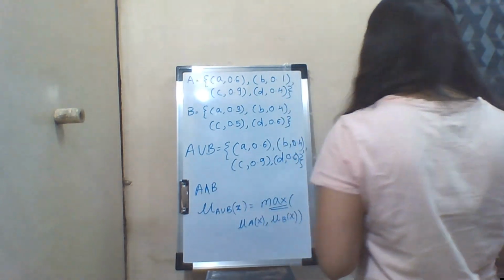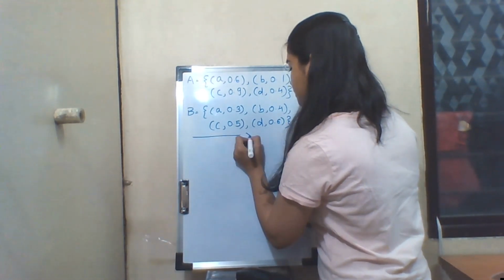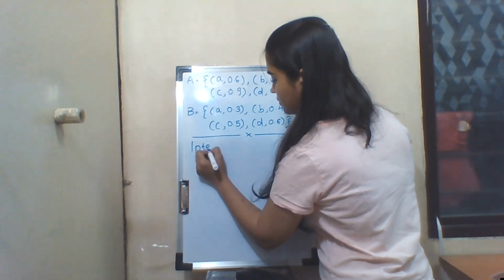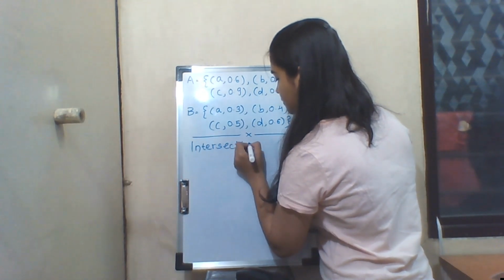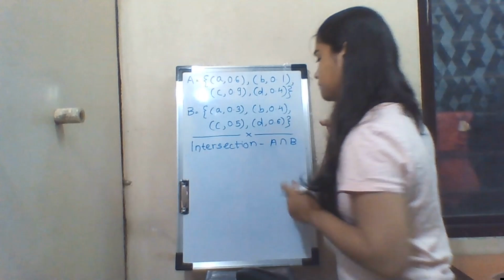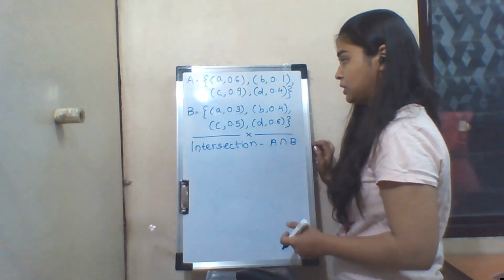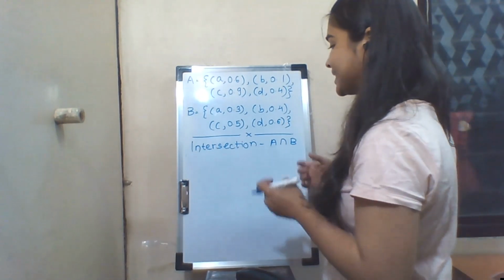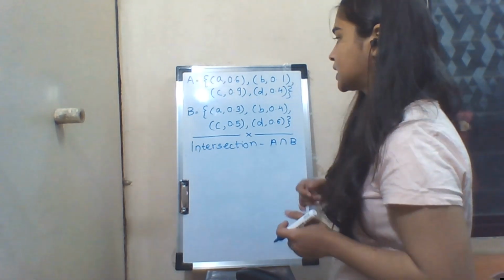So as we have learned the union operation, let's now look at the intersection operation. Now let's look at the intersection of A and B. Here, normally we simply select the elements which are present in both the sets.